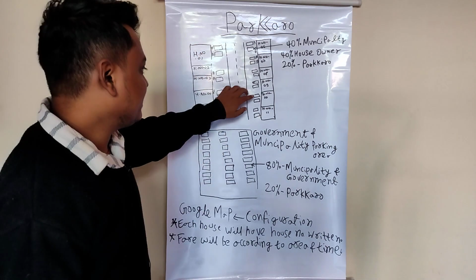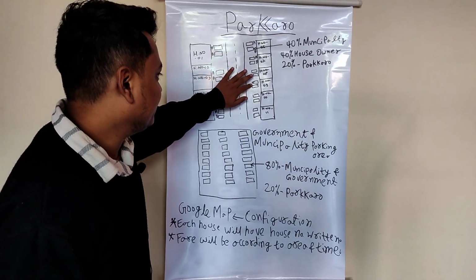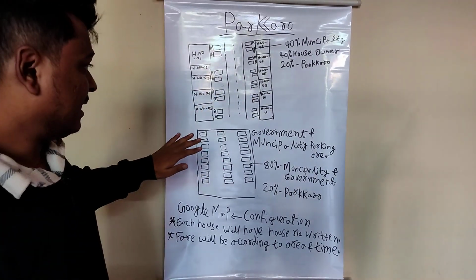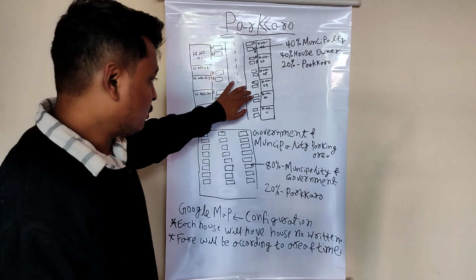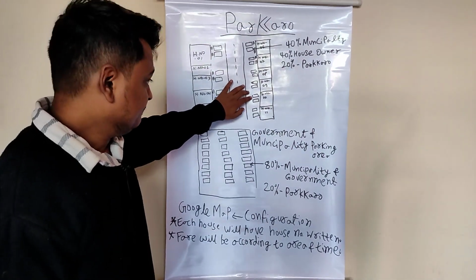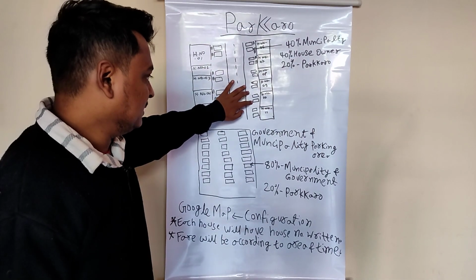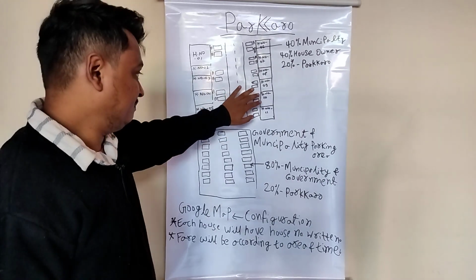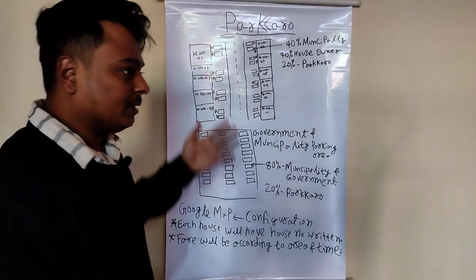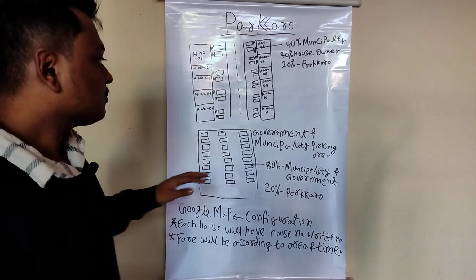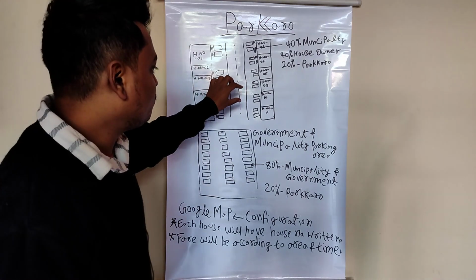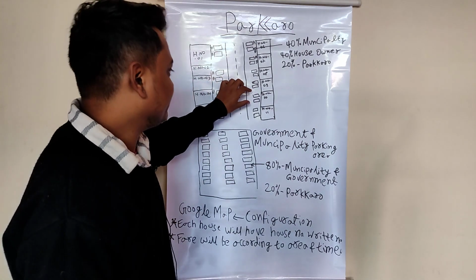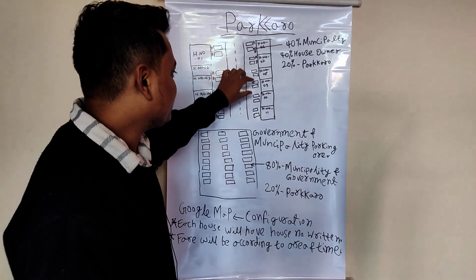Suppose I have a parking space here and here and here. So what I have done is that I have tapped on this house number 10 and slot B, right? So house number 10 and slot B will appear on your screen because the location would be shown on the map, but exactly the location may not be shown.